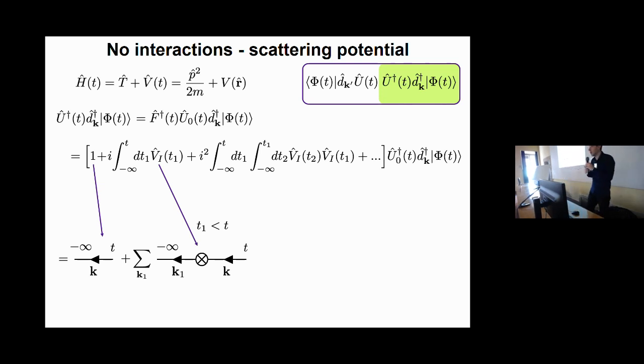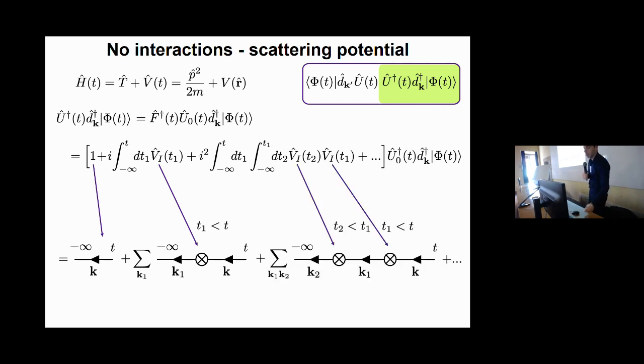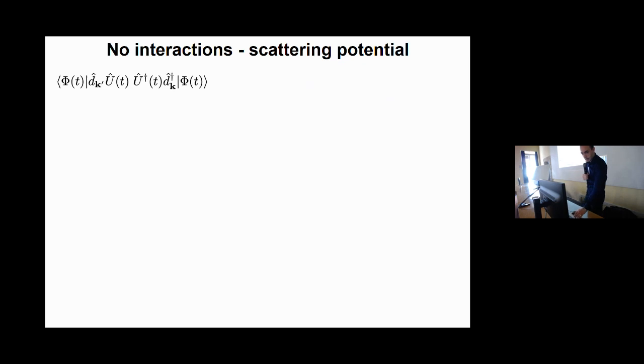And therefore, we have to sum over all possibilities. That means we have to sum over all k1, and then the evolution continues freely to propagate until minus infinity. In this way, we can also represent the second term. Again, notice, these are all intermediate states. And again, notice that the times are constrained here. And so we have just invented a graphical picture to represent this mathematical expression.